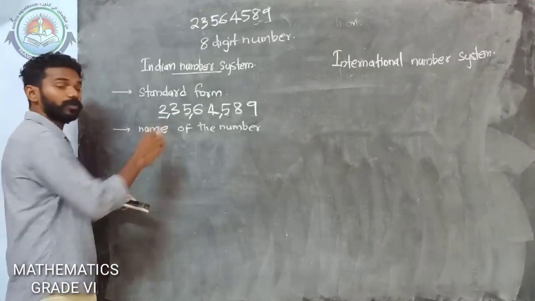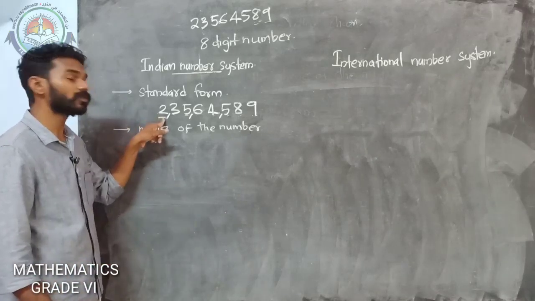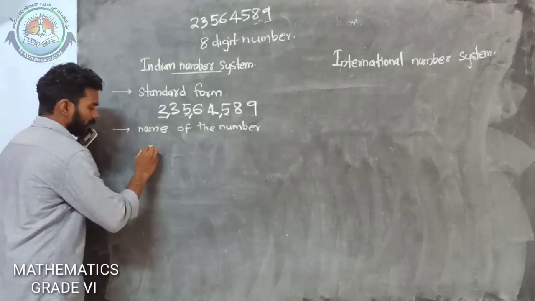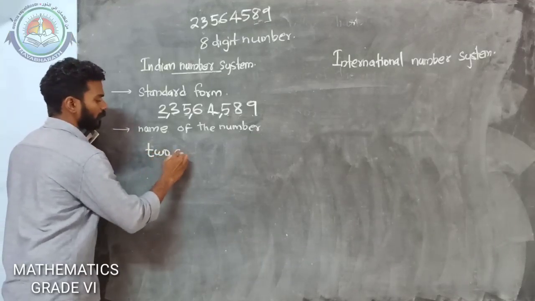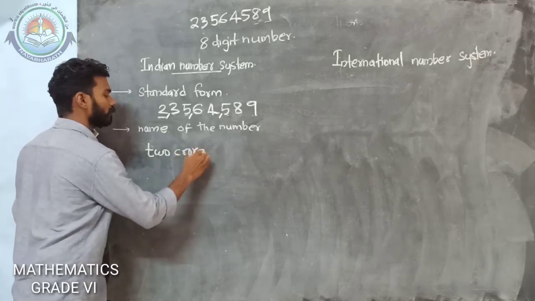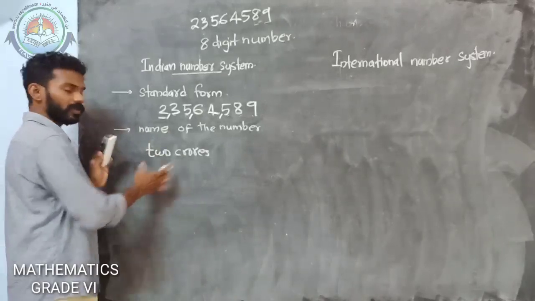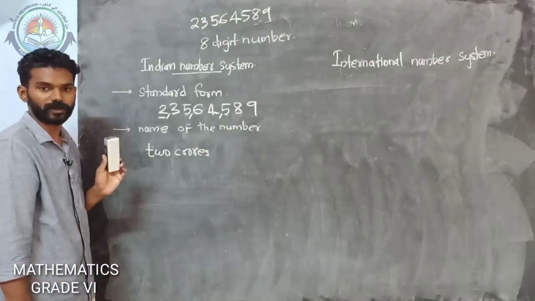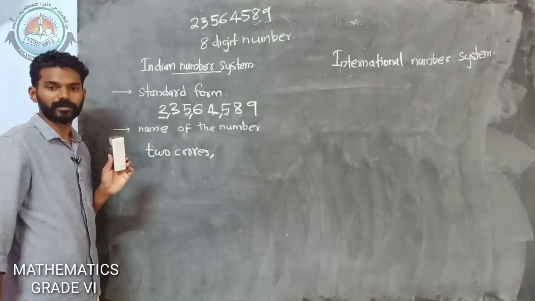And this 2 belongs to which period? This 2 belongs to crores. So that you can write it, this is 2 crores. The place of 2 is considered now for writing the name. Thereafter you should put a comma here.